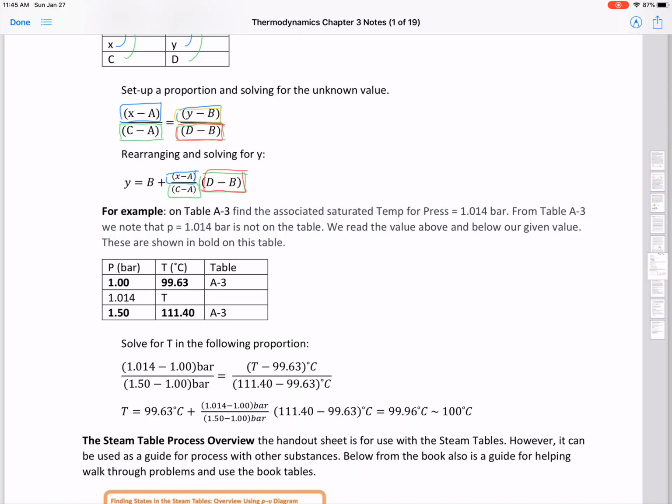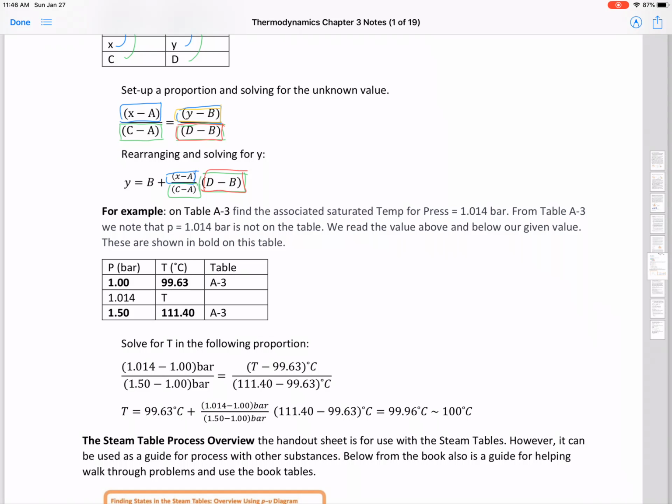We read the values above and below, and we're given that a pressure of 1 bar is a temperature of 99.63 degrees Celsius, and a pressure of 1.5 bar is associated with a saturated temperature of 111.4 degrees Celsius. And so we know that our temperature for 1.014 bar is somewhere between 99.63 and 111.4.